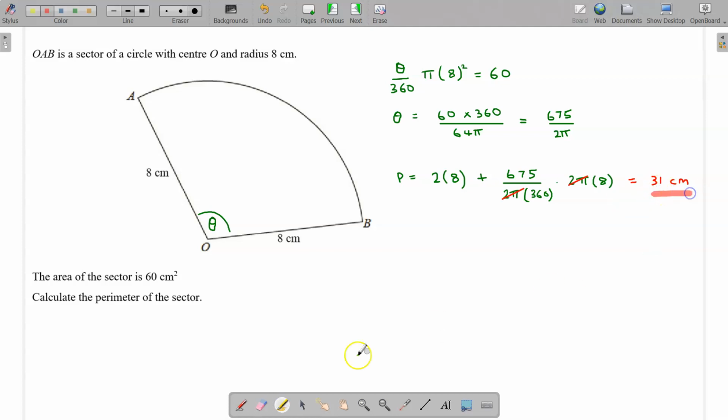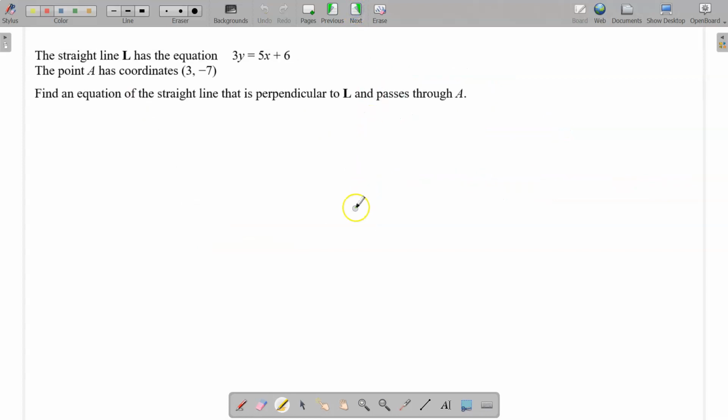Okay, next question. We have a question here involving a straight line and a perpendicular line that passes through a particular point. Okay, so let's just have a look at how we would approach this problem. Well, if we take the first line, we could rearrange the equation for L. Let's just do that first, and I could write it like this.